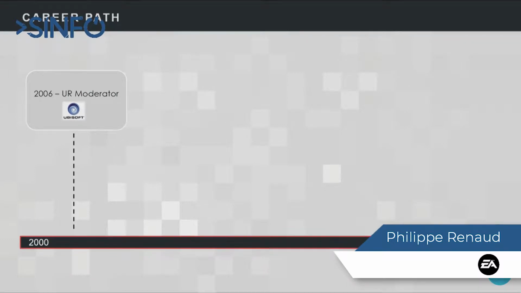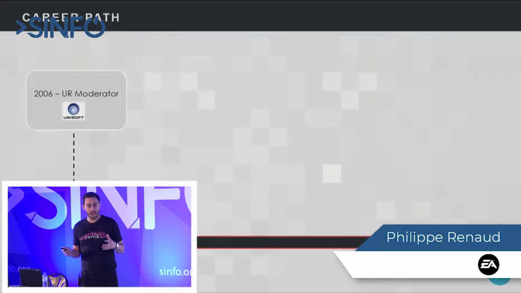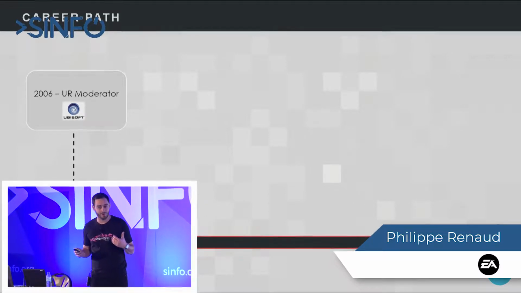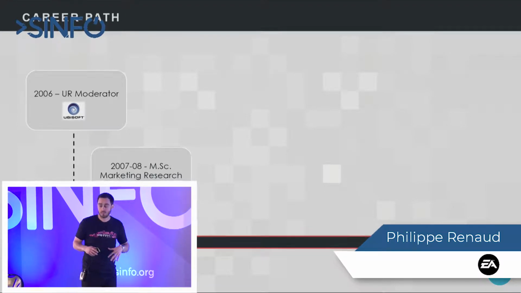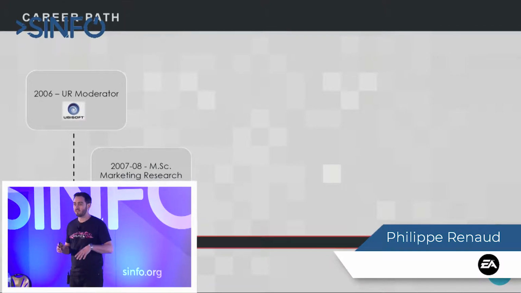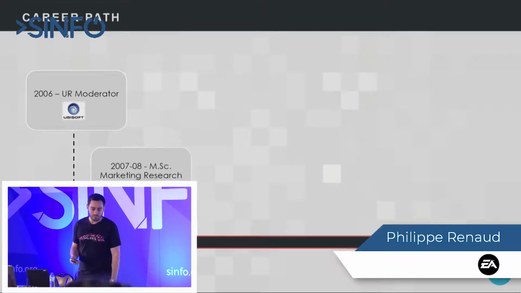And so I went and applied, and apparently they liked my face, they liked my enthusiasm for games, and then I realized, wow, they are running tests on games to make them better. I could be doing that for a living. Oh, and then I went back to study marketing research. So basically, I went out to learn fundamental research skills because I wanted to do that for a living and I wanted to be good at it.